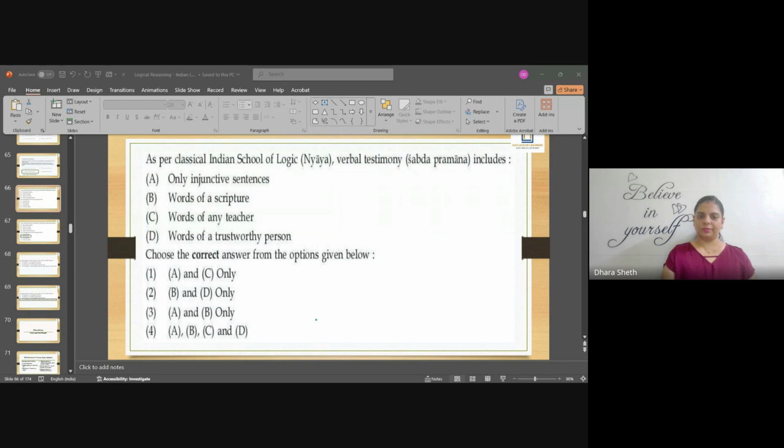All four? No. It includes only words of a scripture and words of a trustworthy person. If it was written here, words of a trustworthy and an expert teacher, we would have accepted it. It does not include words of any teacher. And it does not have only injunctive sentences. It has some authority.